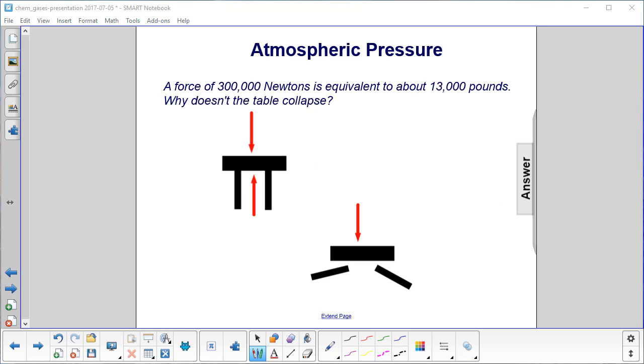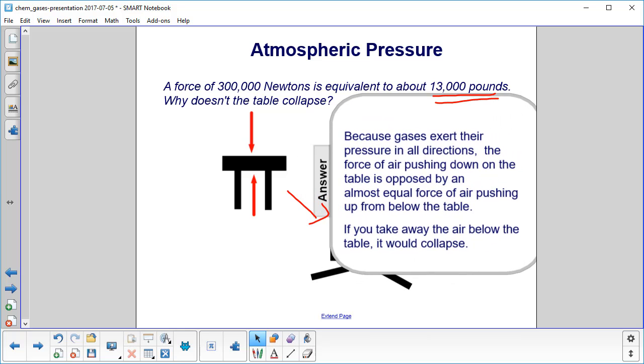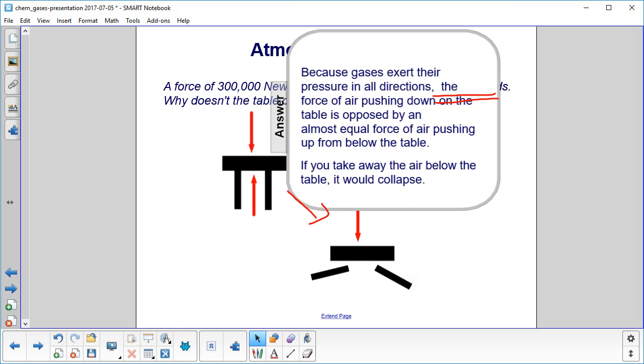A force of 300,000 newtons is equal to about 13,000 pounds. And let's say it's being exerted on this table. Why doesn't the table collapse? Okay, we'll take a second to think about it, then we'll pull out the answer tab. Well, in this case, the gases are exerting their pressure in all directions like we talked about earlier.